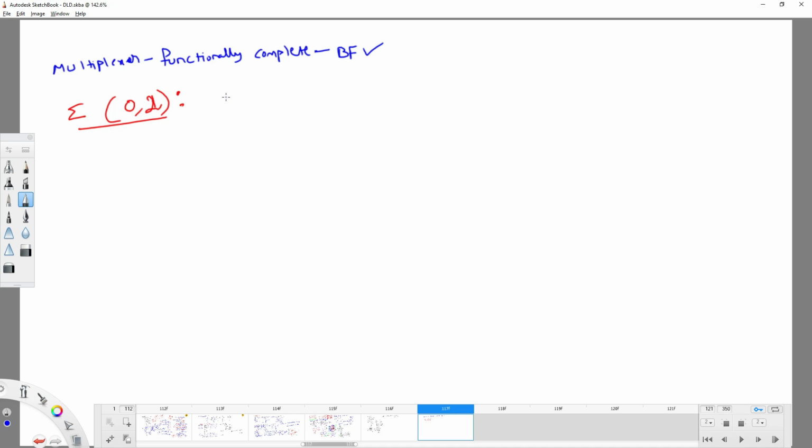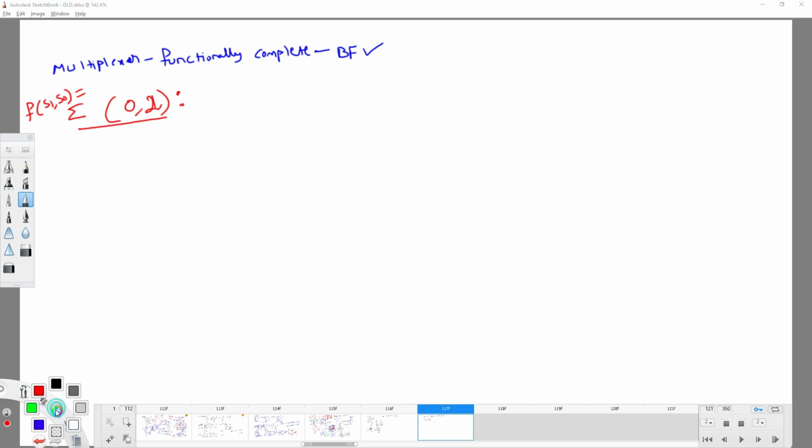What are the minterms? For example, assume that S1 and S0 are the variables of the function. So how can we write it now? We can write f of S1, S0 equal to sum of 0, 2. I hope you understood the meaning, right?